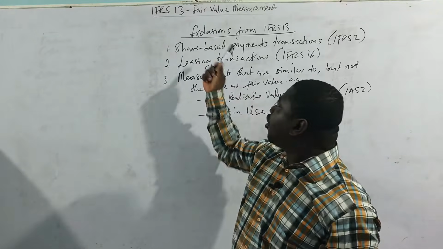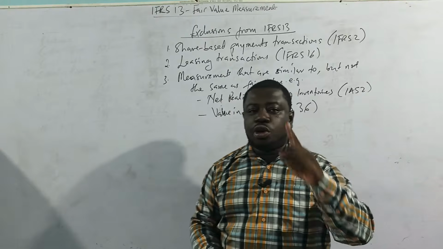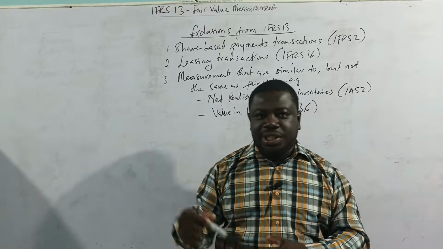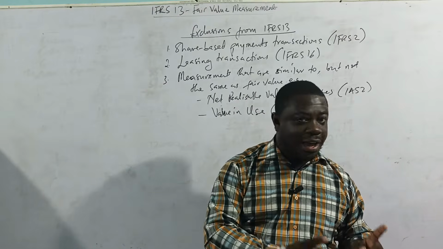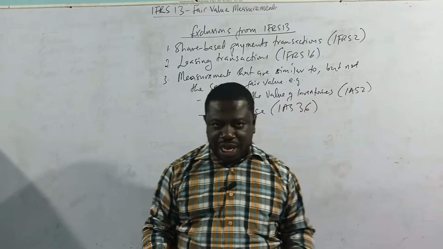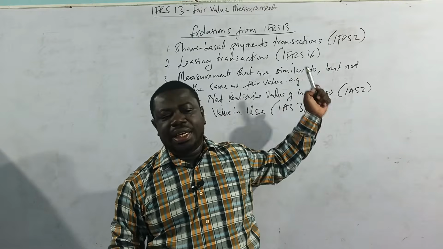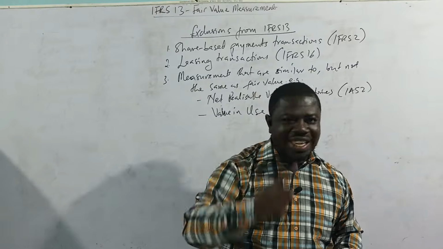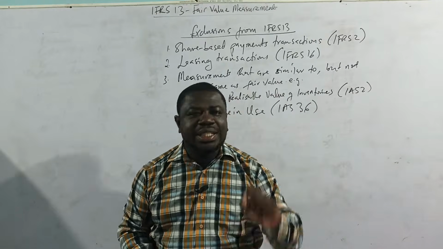When it comes to IFRS 13, I said that the scope is not for only assets, but assets and liabilities. Of course, I added equity, but equity is a special kind of liability. I have mentioned it to you before. So we can generally say that IFRS 13 relates to the fair value measurement of not only assets, but assets and liabilities.